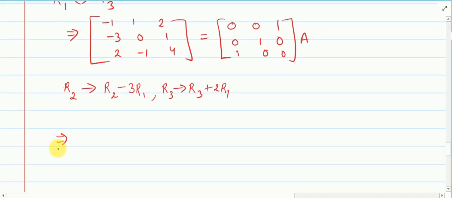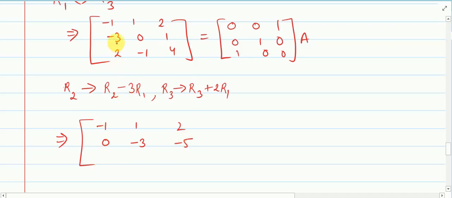So I will get this: minus 1 1 2. I am multiplying the first row by 3 and then subtracting from the second. So when you multiply 3, you get minus 3, so minus 3 will become 0, and here 0 minus 3 simply minus 3, and 1 minus 6 minus 5.